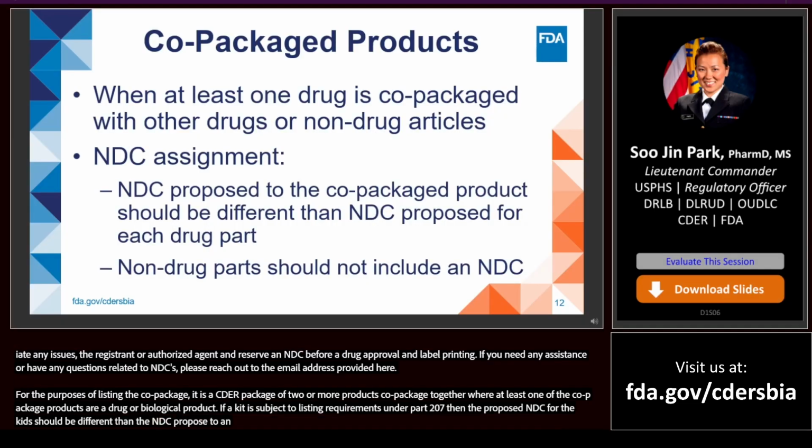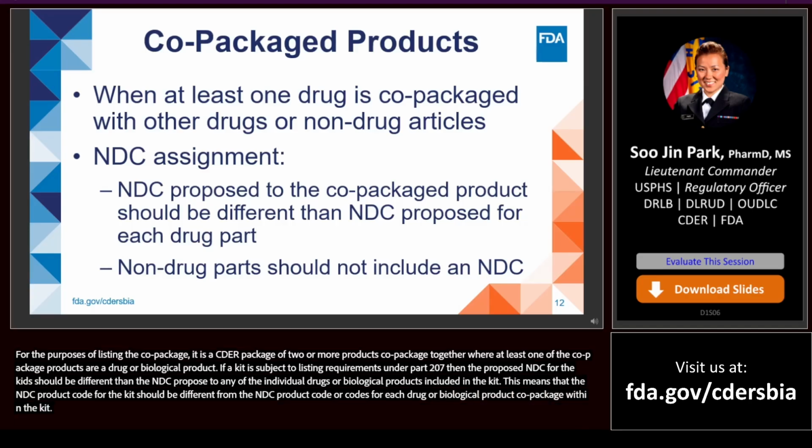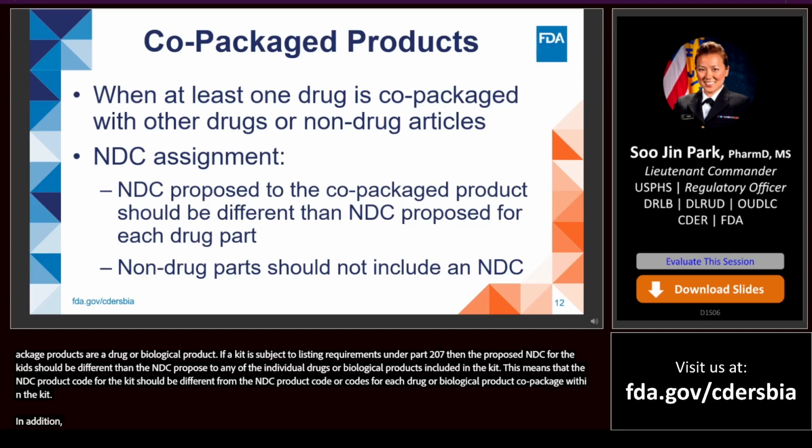This means that the NDC product code for the kit should be different from the NDC product code or codes for each drug or biological product co-packaged within the kit. In addition, any non-drug parts should be identified as part of the kit's drug listing, but an NDC for such non-drug should not be included.